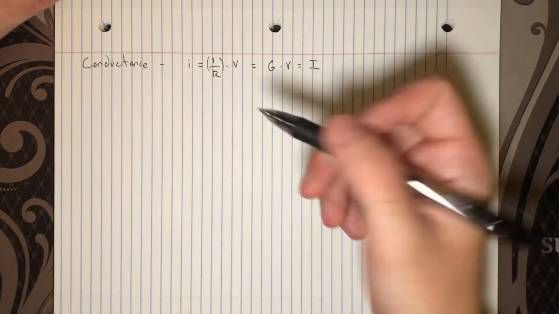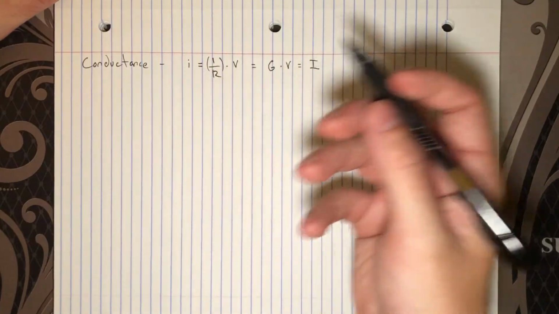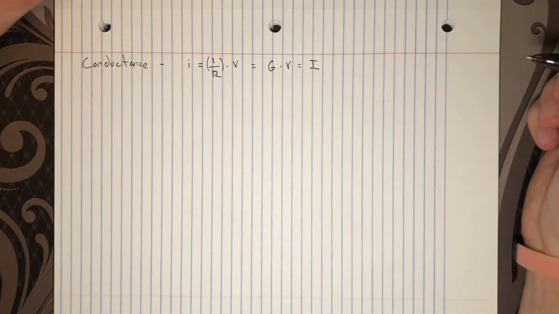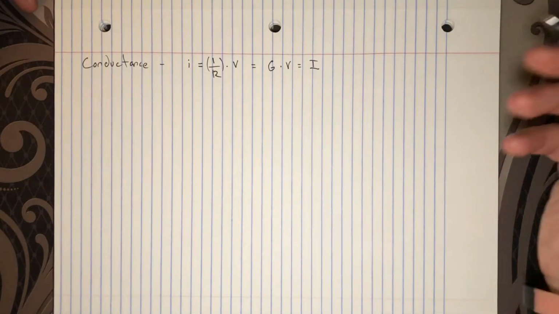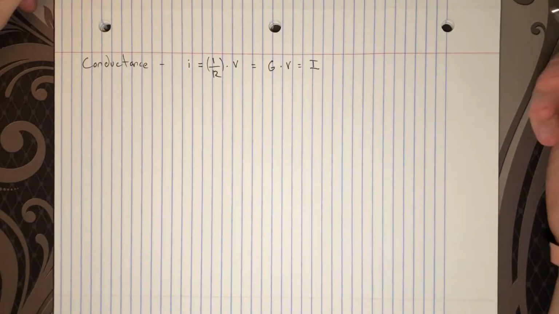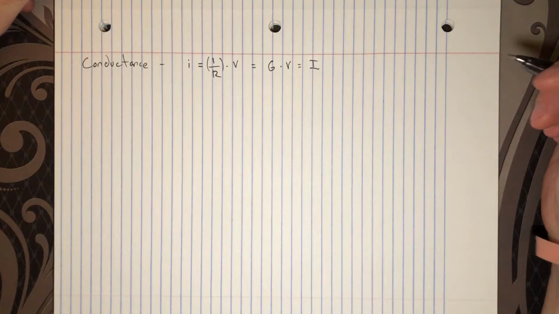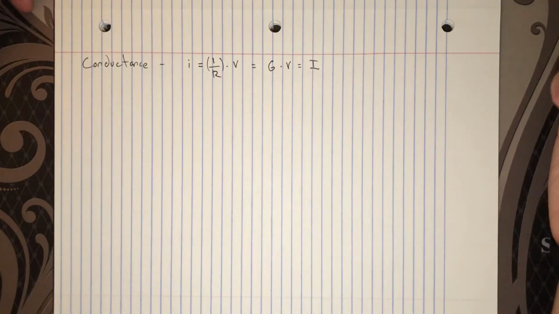And if you think about just the word conductance, it's the constant of proportionality for a circuit element or material that describes how well it conducts electricity, whereas its inverse, resistance, is the constant of proportionality that describes how well it doesn't conduct electricity. So just remember that. It's in the name, resistance.